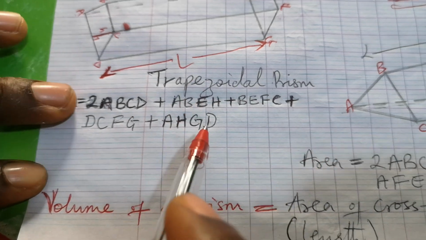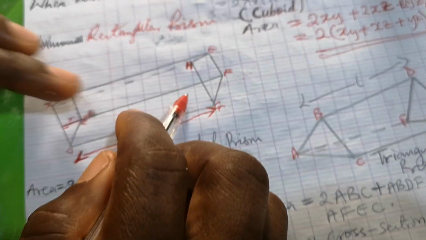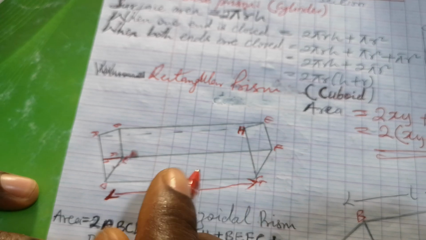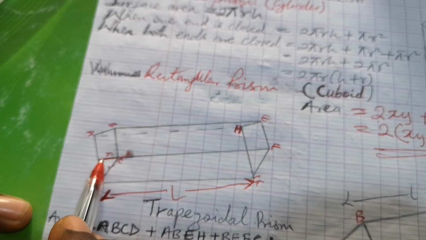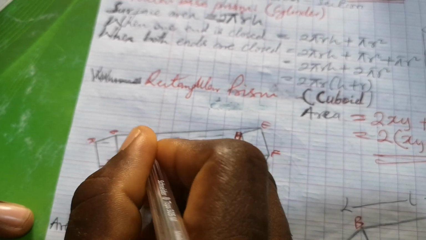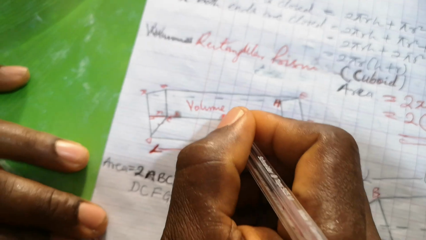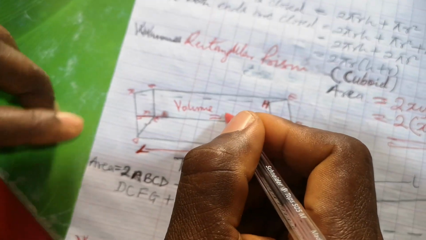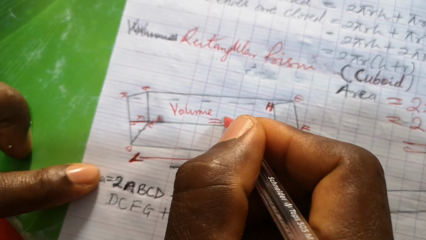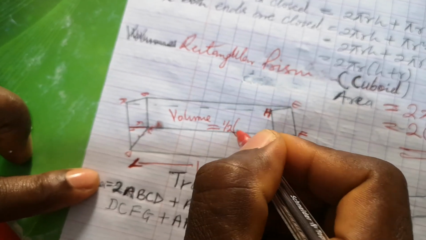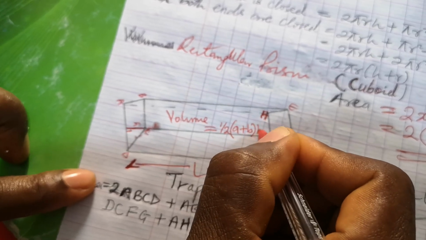Okay, so from what we have discussed, let's write the formulas of these prisms. For this one, since the cross section is a trapezium, the volume will be equal to the area of this trapezium, and the area of a trapezium is half into bracket A plus B times height.